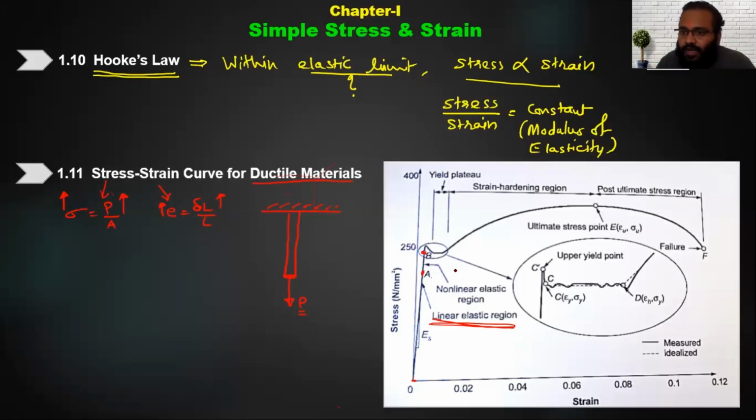When I add another 10 kg additional load, that becomes a total of 20 kg, now the elongation is 2 mm. Now if I add another 10 kg of load, the elongation is 3 mm. That means the load applied and the elongation, that means the stress and the strain, are exactly linear to each other. That's why the slope of the curve is constant, and that is why we're getting a straight line up to point A. This will happen up to a particular region.